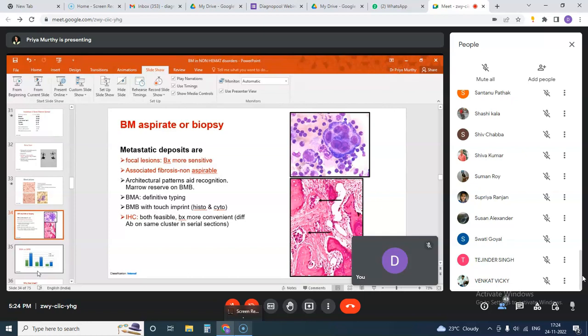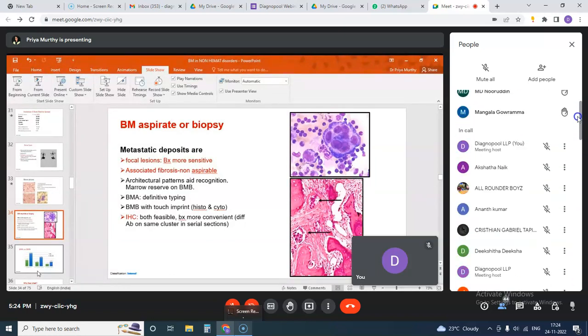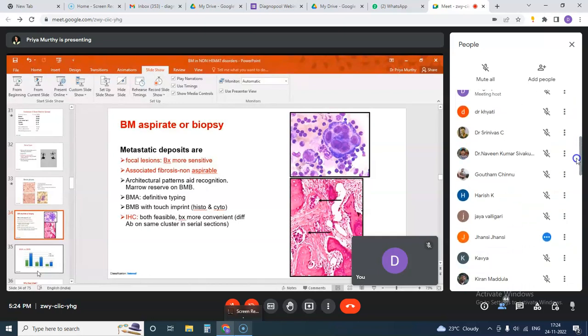In an aspirate, the disadvantages are that if there is a focal metastatic lesion and the needle does not hit the correct area, we may not be able to get adequate material. And if there is associated fibrosis, the marrow becomes non-aspirable, leading to a dry tap.